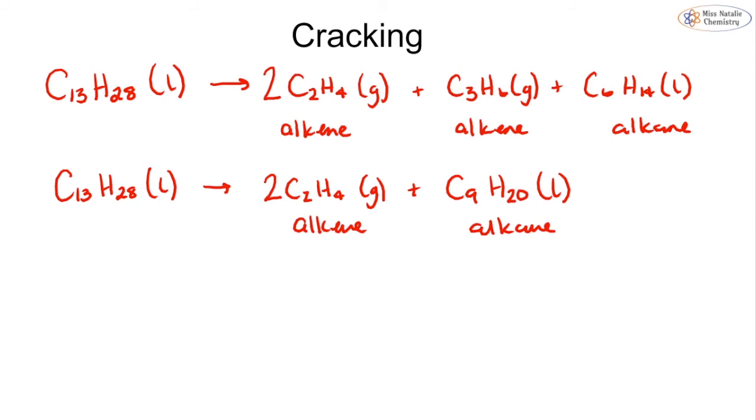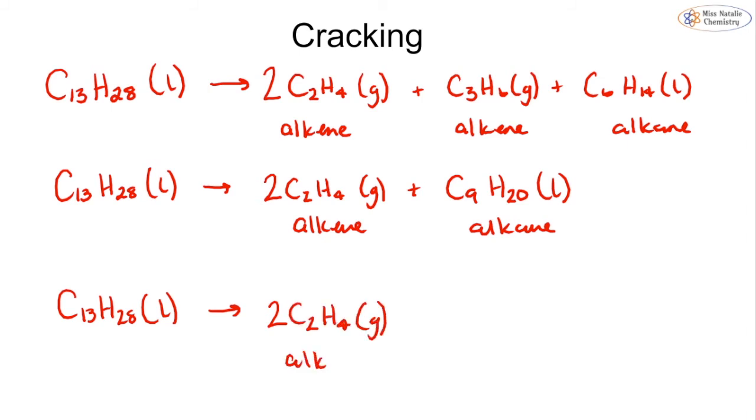Now, some cracking reactions can even produce a small amount of free hydrogen. So again, if I keep my C13H28, I could break that down again into my 2 molecules of ethene, C2H4, which is my alkene.